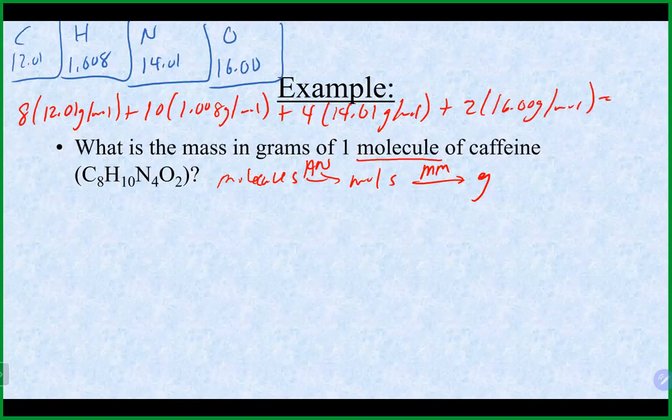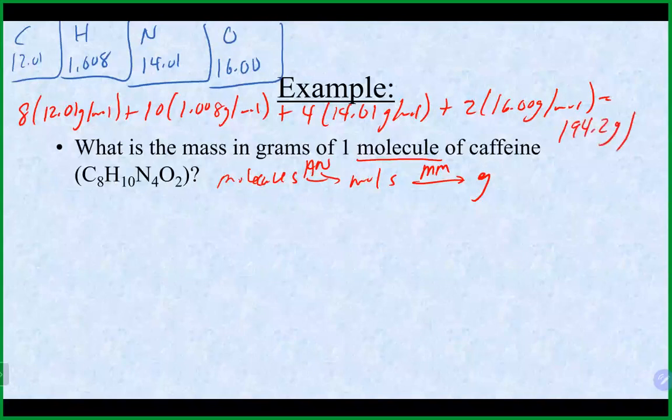If we do all that, I believe it says 194.2 grams per mole is the molar mass. Any questions on that there? So basically just adding up all the parts.